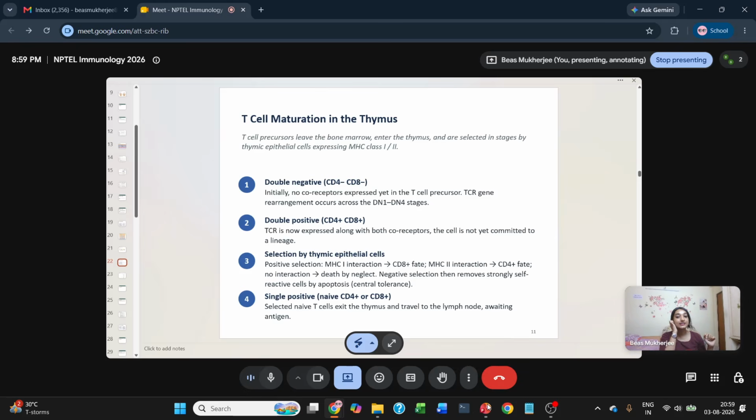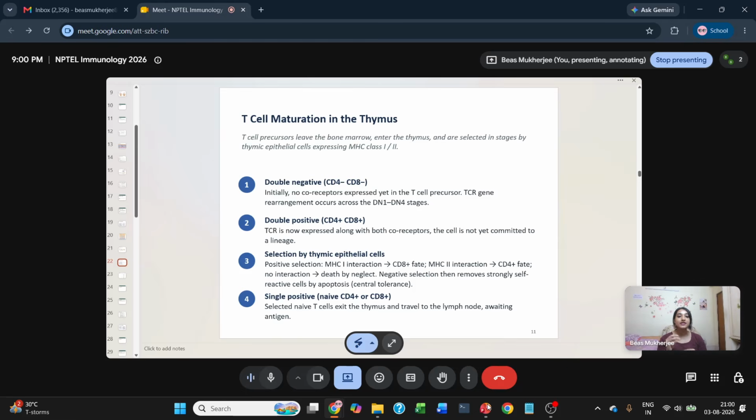Now the next one is selection by thymic epithelial cells. So here what happens? There are two types of selection. The first one is called positive selection and the second one is called negative selection. So in case of positive selection, what happens is if there is MHC1, it should interact, and then CD8, the fate is selected.